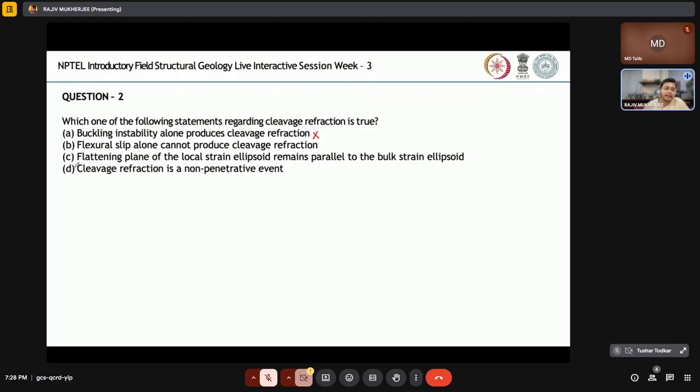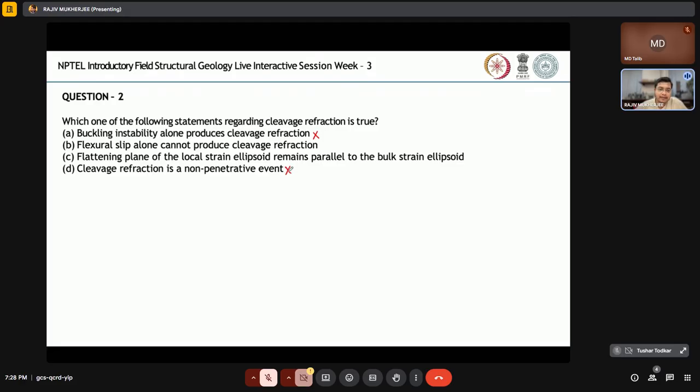In a similar sense, cleavage refraction is a non-penetrative event is also a false answer, because this is a continuous process. It is present throughout the volume of the rock, because it is a region of ductile deformation, and generally for ductile deformation we do not observe non-penetrative structures.